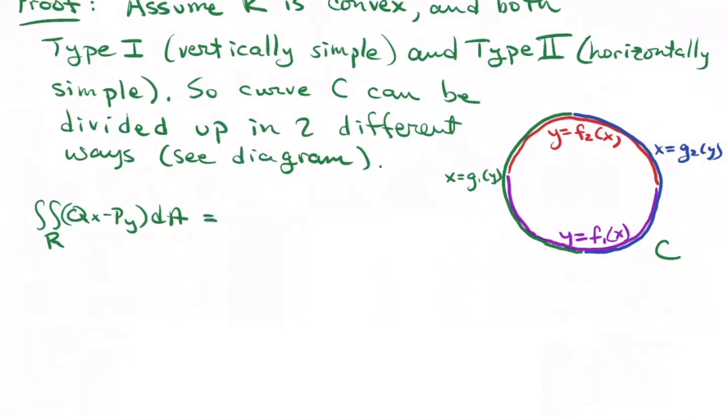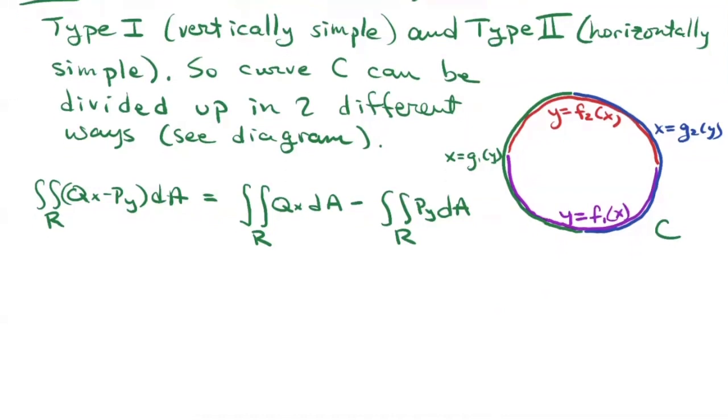I have a double integral here of Qx dA, minus another double integral of Py dA, and both of these are over region R. Okay, any questions?